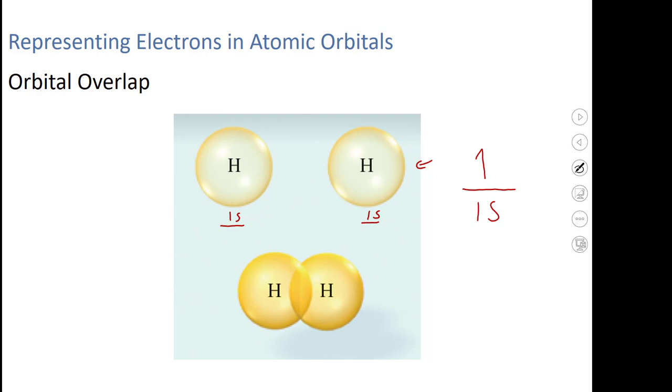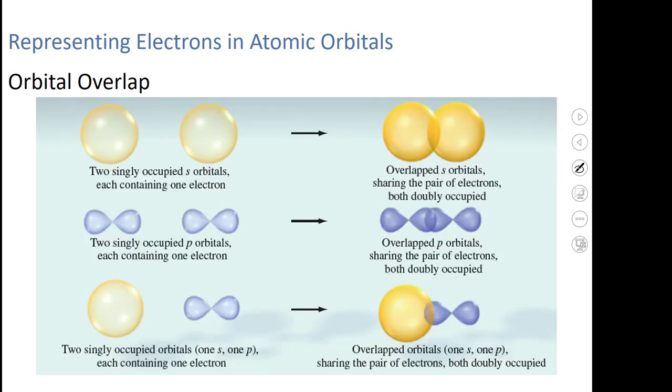We can also have different kinds of shapes overlap. For example, I could have two p's overlap. So here's the two s's overlapping. Two p's, if they overlap, these lobes would overlap, and you'd get something like this.